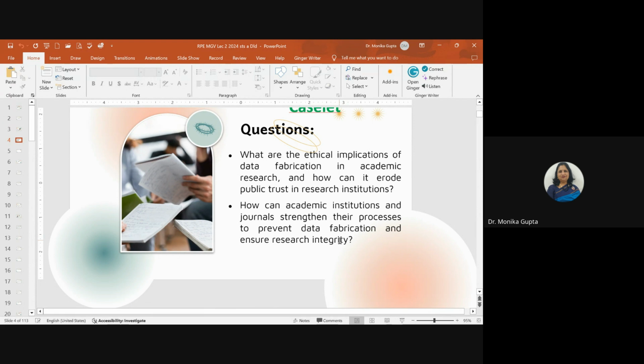Yes, please share your views. Ethical implications? Yes, please. Try to respond, because as we know, this is all related to ethics. There is a difference between being legal and being ethical. So our focus is on the ethics part.